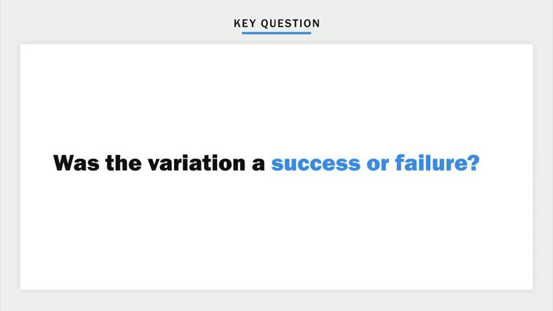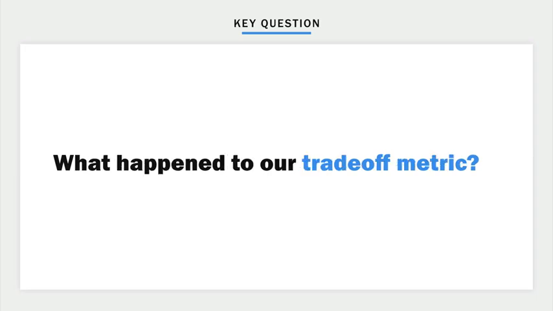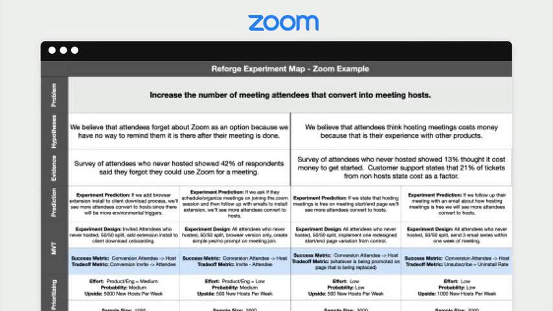In addition to that, we need to make sure we ask the question, what happened to our trade-off metric? So when we went through defining our minimum viable tests, we not only defined a success metric, in other words, the metric that we're using to declare whether the experiment was an improvement over the control or not, but also the trade-off metric that we want to make sure that we monitor in order to understand the full results of the experiment.